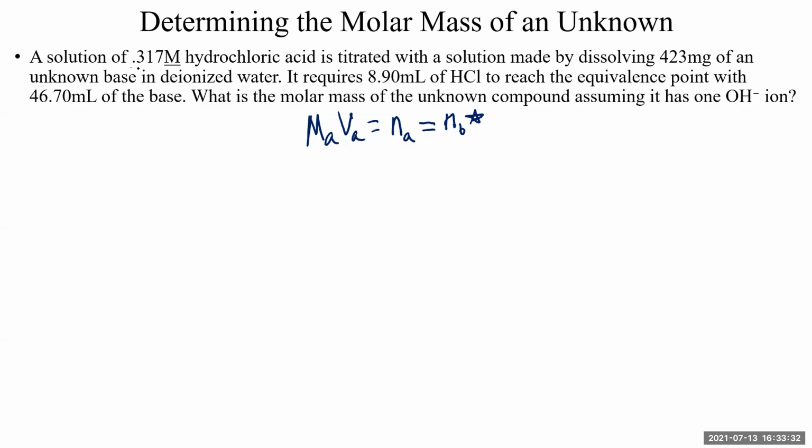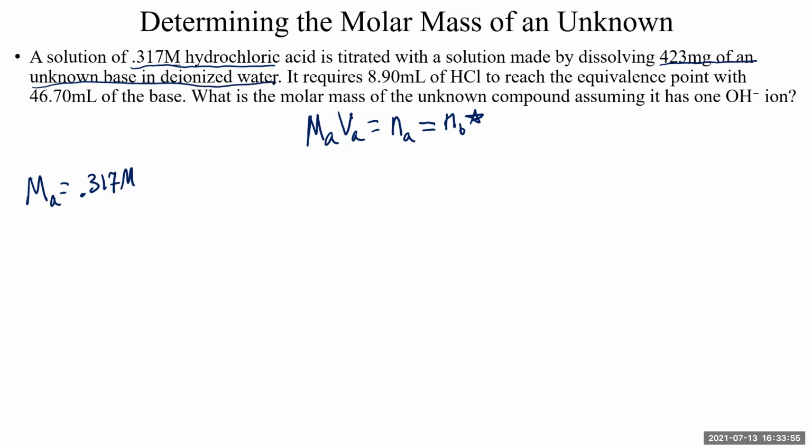So a solution of 0.317 molar hydrochloric acid. That's our MA, molarity, right? It's telling us that it's 0.317 molar of our acid. It is titrated with a solution made by dissolving 423 milligrams of an unknown base in deionized water.